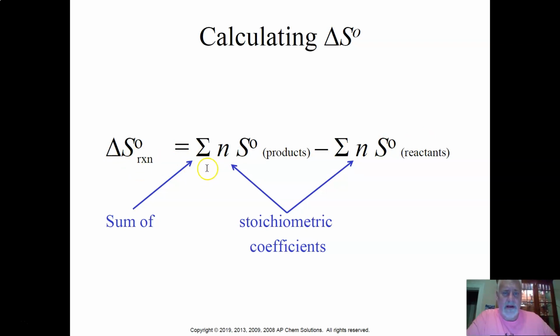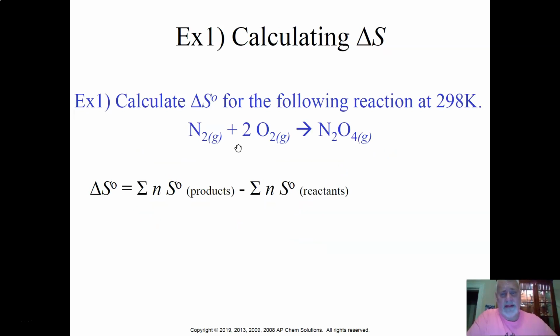The sum of the moles of, in this case, the entropy of the products. What's missing is the little delta symbol. So that's on your purple sheet, and you'll be able to find that. So we can use this in solving problems like this, okay?